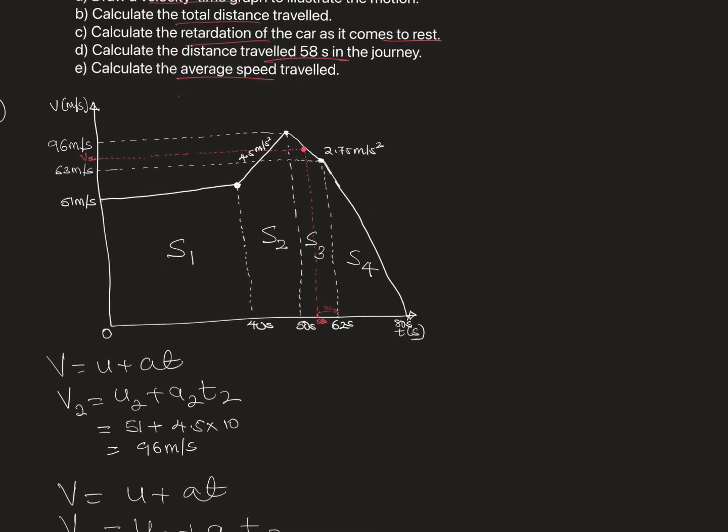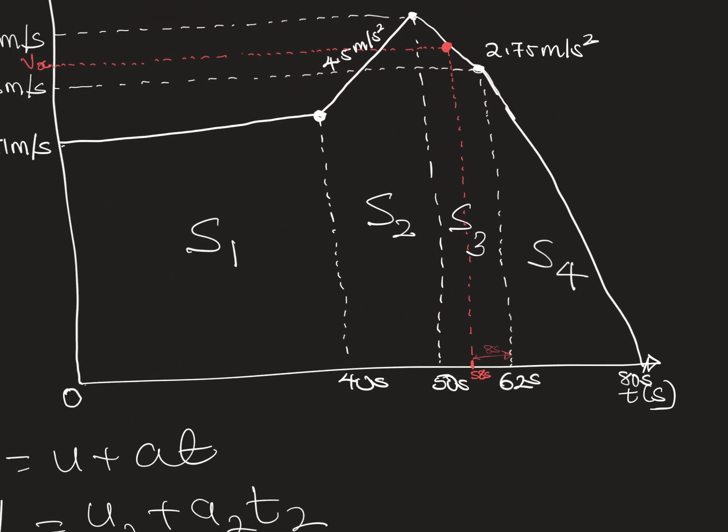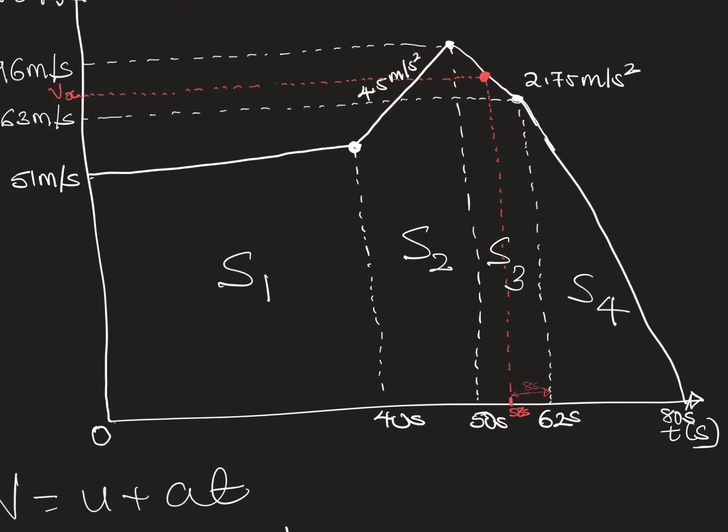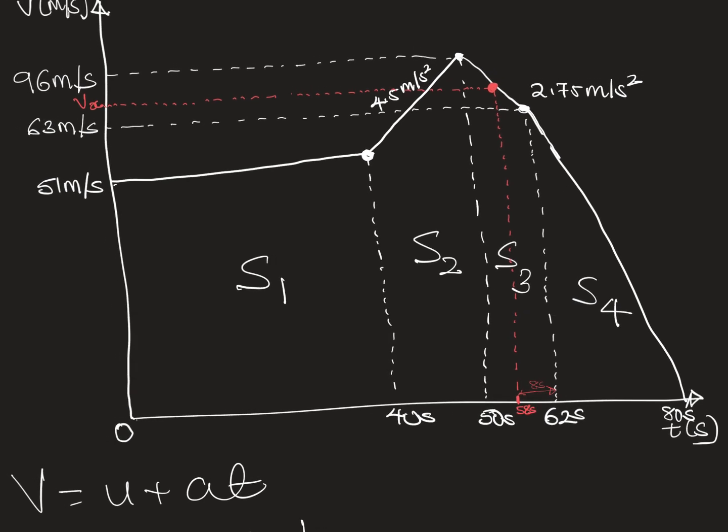Because we are talking about 58 seconds, and if you analyze the velocity time graph, the 58 seconds was in the third event. The body was in deceleration, so its initial velocity is here, that doesn't change. It's the final velocity that we need to know, Vx.